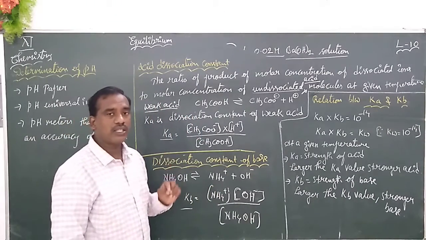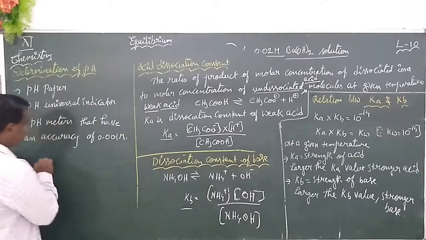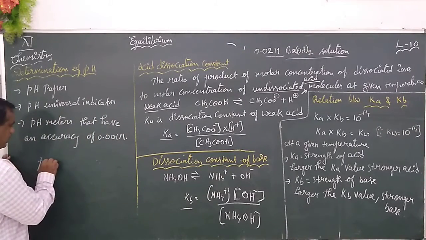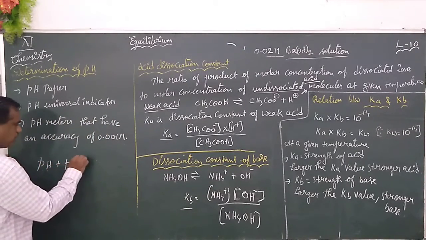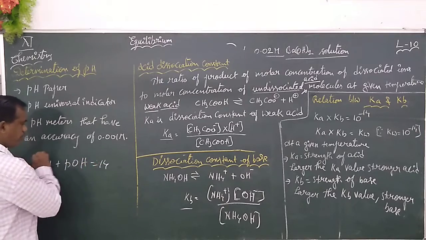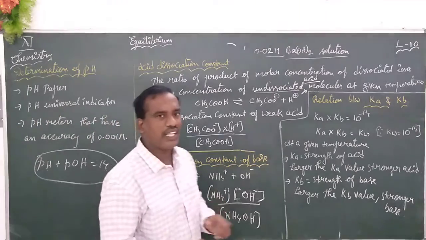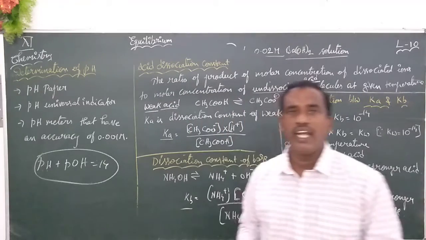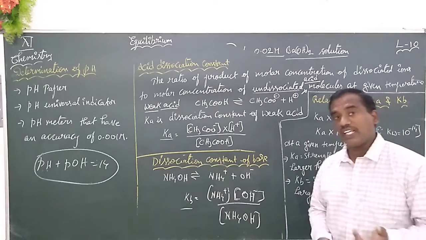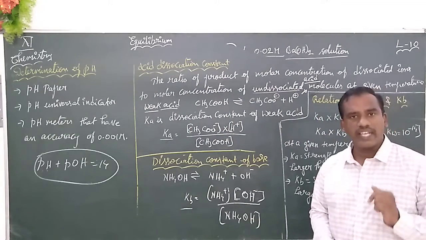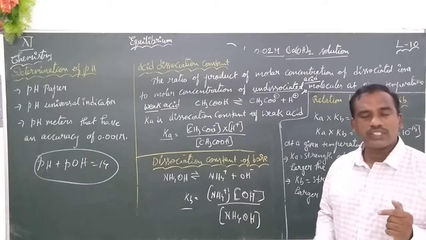Last time we had seen one value. What was the value? pH plus pOH is equal to 14. Is it not, children? But now we are bringing in a relationship between Ka and Kb. What is Ka? Weak acid dissociation constant. What is Kb?